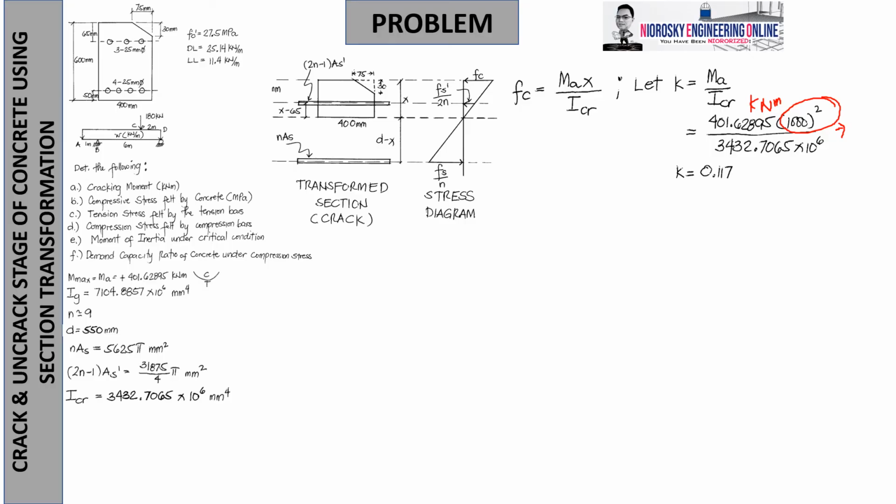So, ibabalik ko na siya sa Newton and millimeter units. So, there should be conversion. Bakit 1,000 squared? In 1 kilonewton, there are 1,000 Newton. Okay? So, 1,000, and then another 1,000. Kaya 1,000 squared. Then, that is taken as 0.117 para ito yung constant.